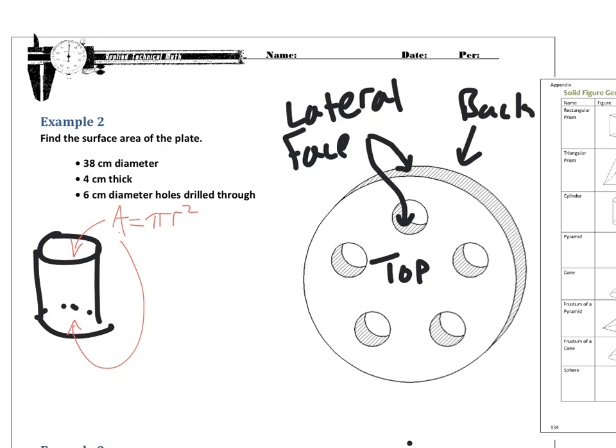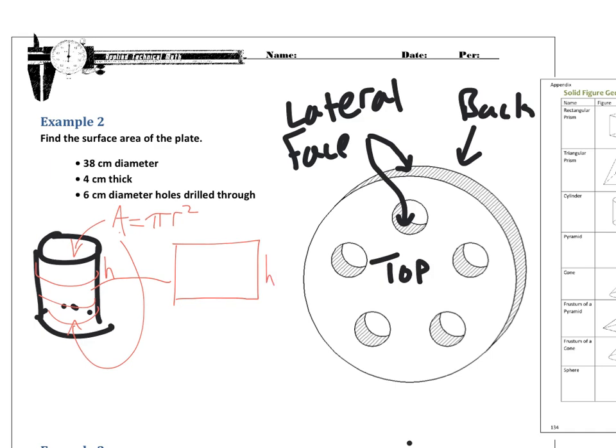Now that rectangle that we said was kind of wrapped around the side, if we unfold it like that piece of paper I just showed you, you're going to get a rectangle. And the height of that rectangle is the height of the cylinder.